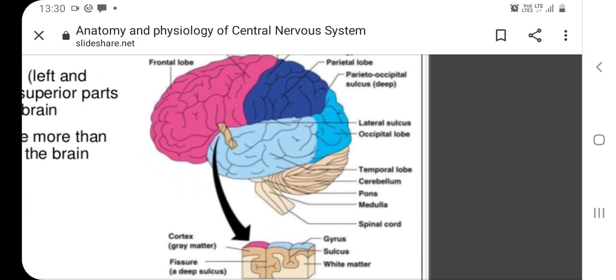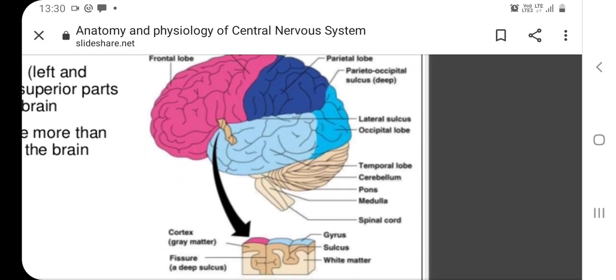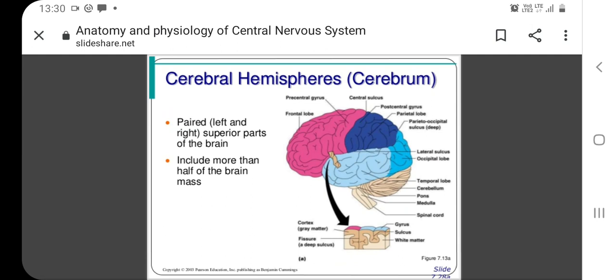So it occupies the large part of the brain, and it is present in folds known as the gyri and the sulci. There are some brain functions that are localized more to one hemisphere than the other. The function of the two hemispheres is largely redundant, it is repetitive.